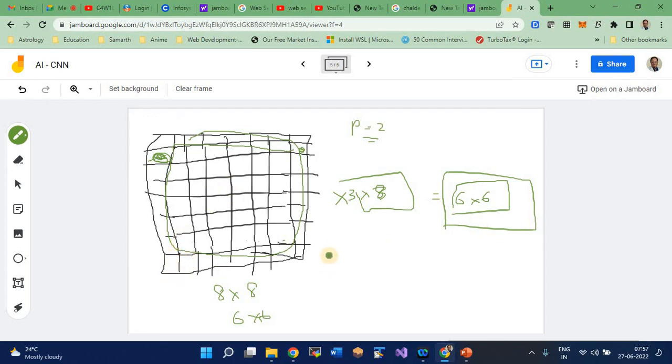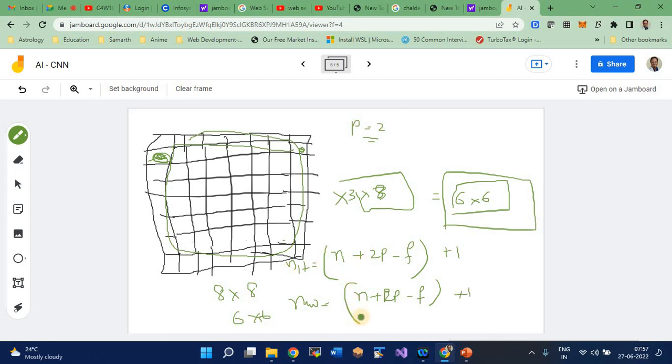Now, let's talk about striding later. Now n plus 2p minus f plus 1, right? And this would be one of them. nh is equal to nw would also be n plus 2p minus f plus 1.